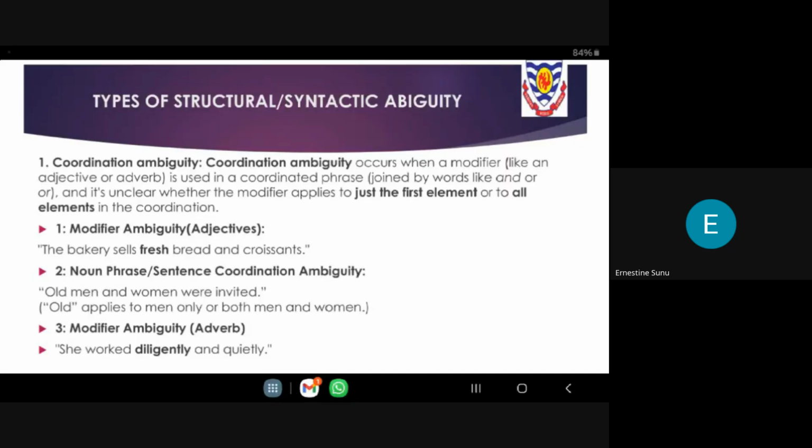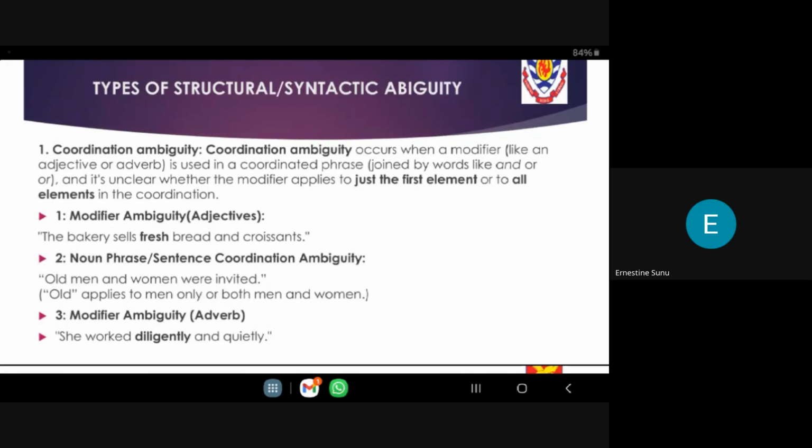Now, we have types of structural ambiguities, which are coordination ambiguity and scope ambiguity. The coordination ones have to do with coordinative conjunctions. So you have used a coordinative conjunction to join two phrases which have modifiers attached. For example, the bakery sells fresh bread and biscuits.